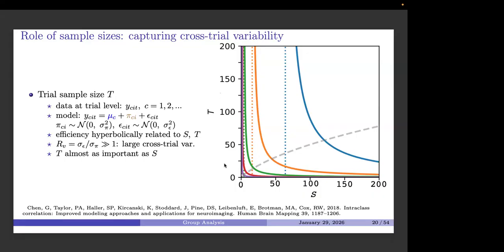I think they show something analogous with scan time per minute and number of participants, this kind of hyperbolic thing. I don't think they mentioned Gong's paper in theirs, but it's a very analogous idea, and similar kind of results. So I think it makes sense.